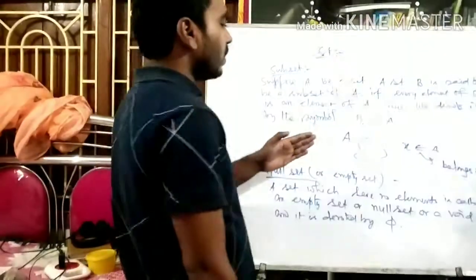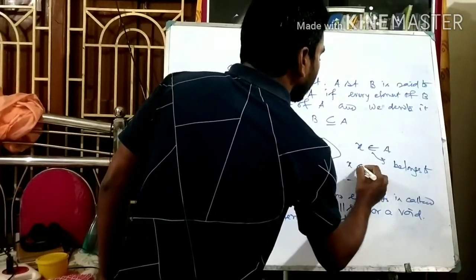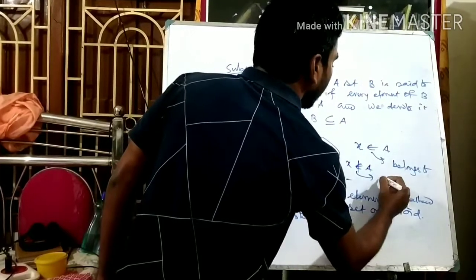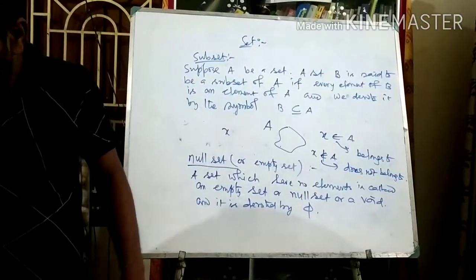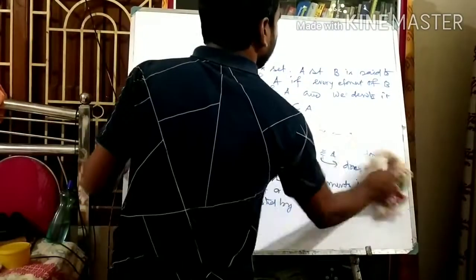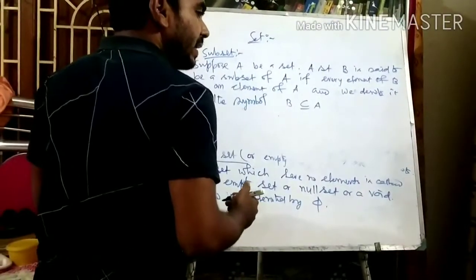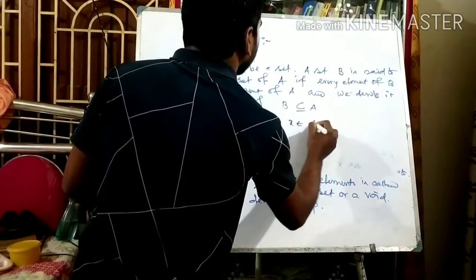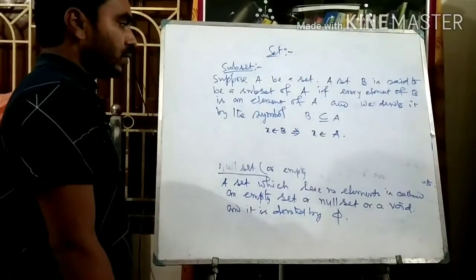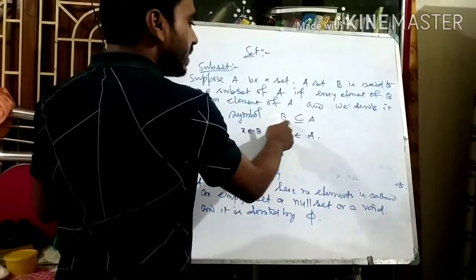Another condition may happen, which is that x does not belong to A, and we write it as x does not belong to A, and we call it does not belong to. Now using this notation we can say that B is a subset of A means x belongs to B implies x belongs to A.